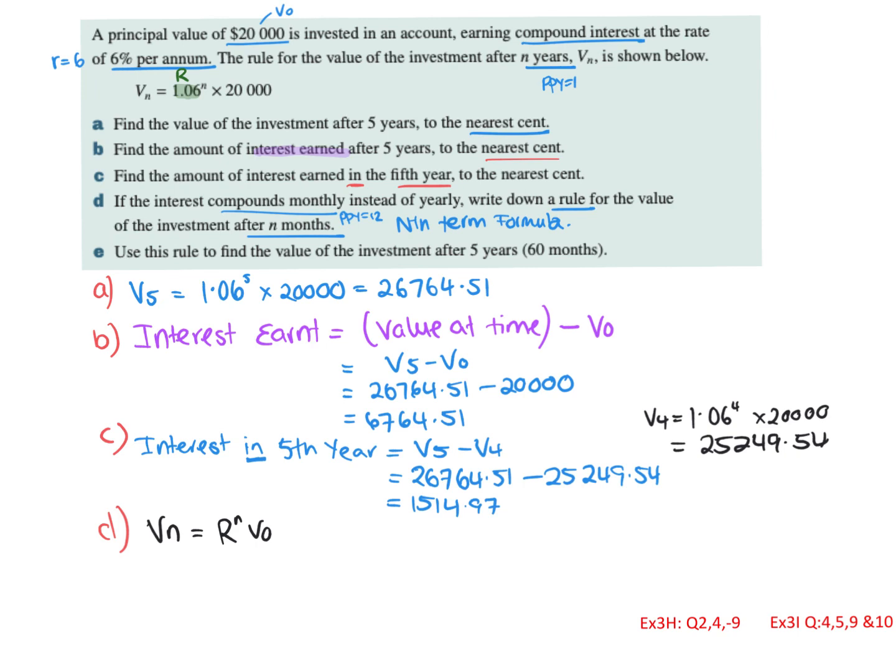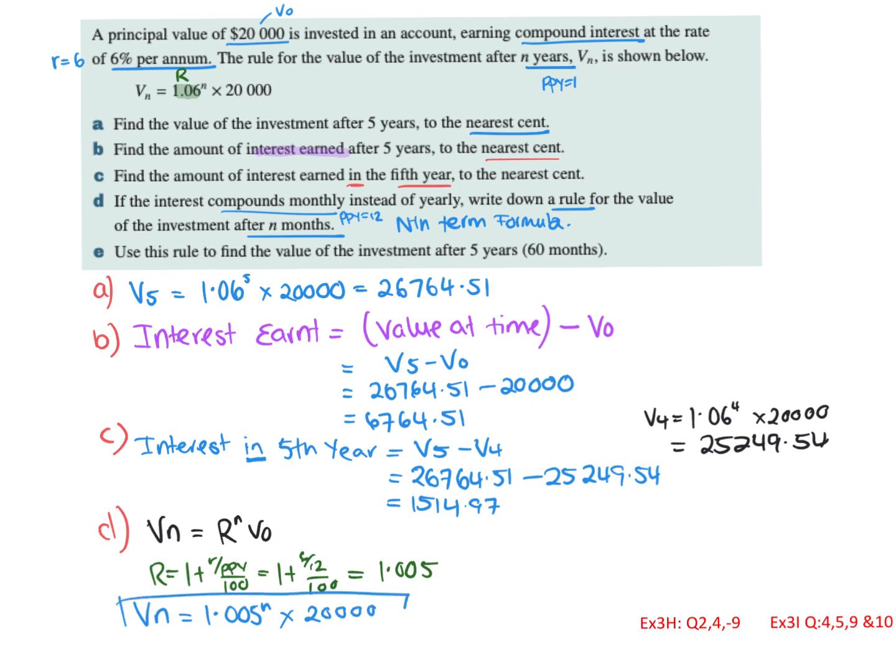But first of all, we have to find a new r. So r is 1 plus the rate over PPY over 100. So it's 1 plus the rate, which was 6%, over 12, over 100. So we end up with 1.005. So now I can write a formula. I can write Vn equals 1.005 to the power of n, and then times V0, which was still 20,000. There's our nth term formula.